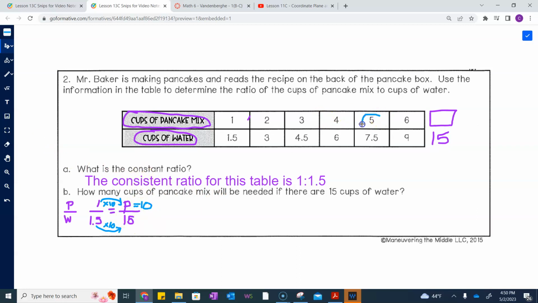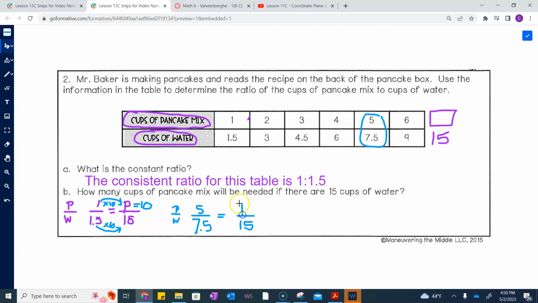Another way you might look at it is you might like this ratio better. If we have 5 cups of pancake mix to every 7.5 cups of water. Again, pancake mix is on the top, water is on the bottom of my fraction. And they gave me the value for the water. They said, hey, 15 cups.